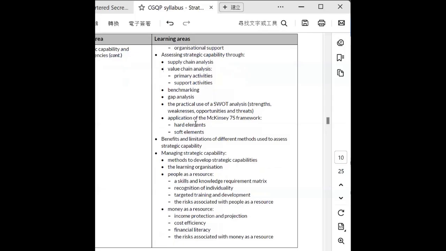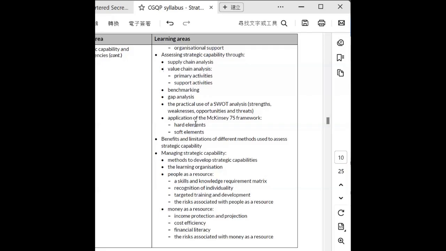Benchmarking, compare the performance against the industry benchmark or various other benchmarks. Gap analysis, you have to identify where your current capability falls short of the strategic needs. And then you have the SWOT analysis, strengths, weaknesses, opportunities, and threats.